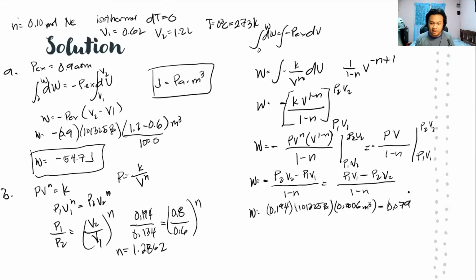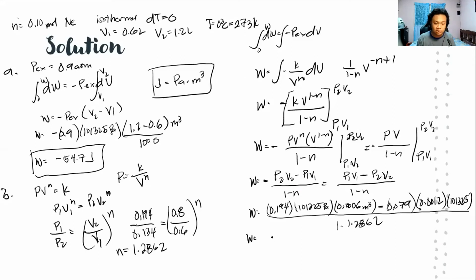So 0.079 and then 0.0012, and then don't forget to multiply that by 1.025, and then 1 over our n is equal to 1.2862, and then we have our work is equal to negative 7.65 joules. Okay, that's easy for us.